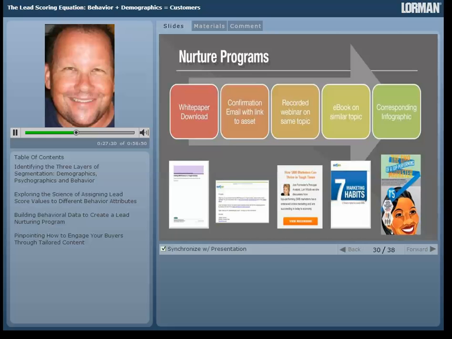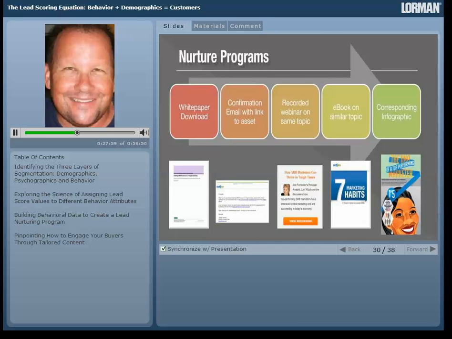reference. And many times, the prospects download a white paper with the goal of reading it, but other priorities can sidetrack even the best intentions. And that white paper may not be consumed right away. I'm sure we're all guilty of that, where you find something interesting, you download the white paper, you're going to read it, and then you get sidetracked, and it's hard to come back to that.